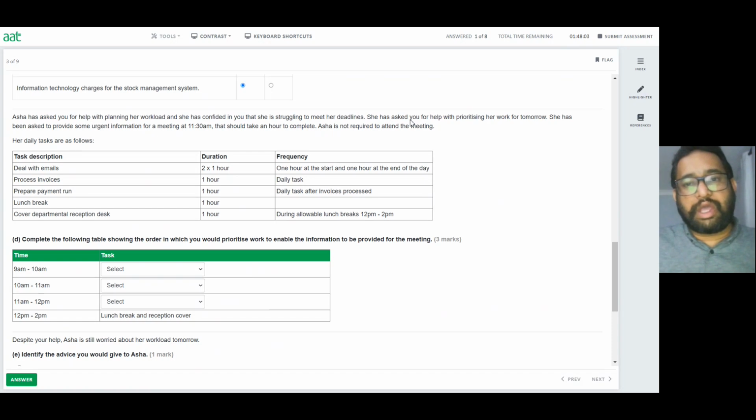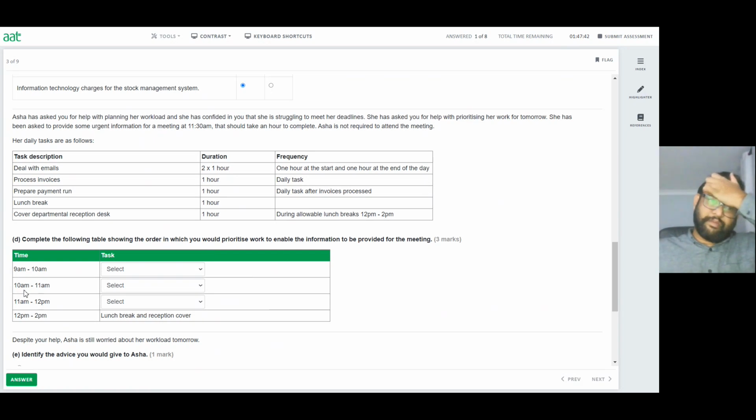She asked you to help with prioritizing her work for tomorrow. She has been asked to provide some urgent information for a meeting at 11:30 a.m. that should take an hour to complete. Asha is not required to attend the meeting, so she is just submitting that report. Her daily tasks are as follows. If you look here, these are all her tasks.